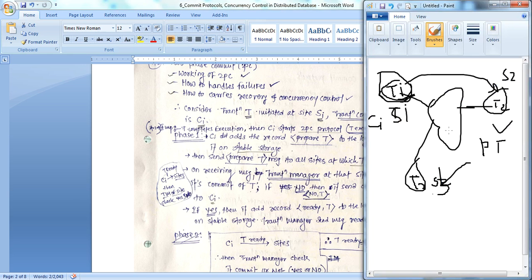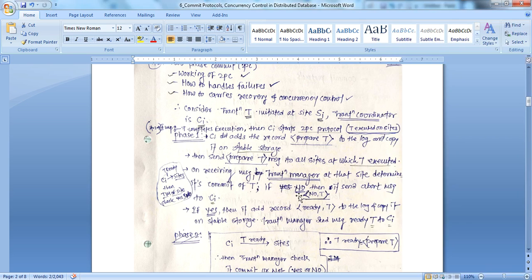For example, when Ci starts the two-phase commit protocol, it sends a prepare T message to the other sites, and the transaction manager at the other side sends a message to Ci saying whether T is committed or aborted, right?